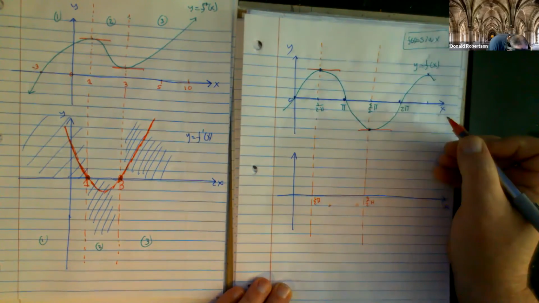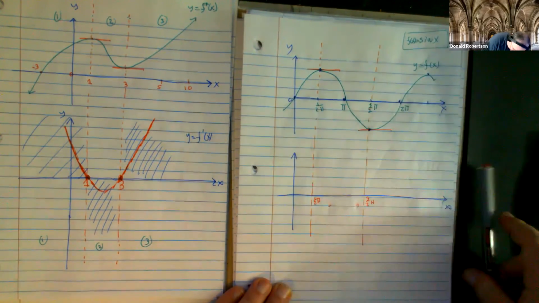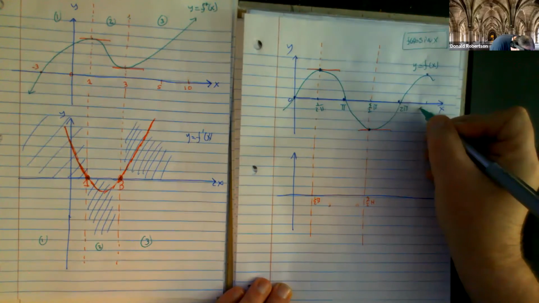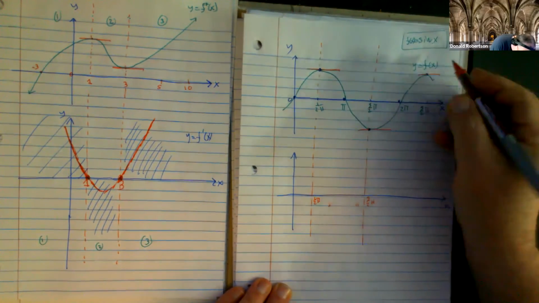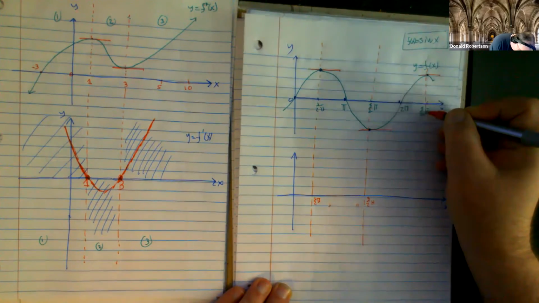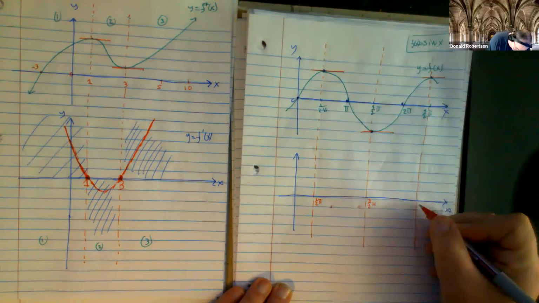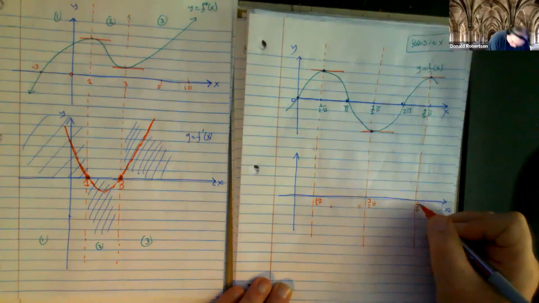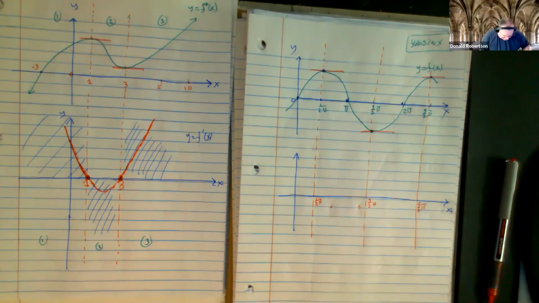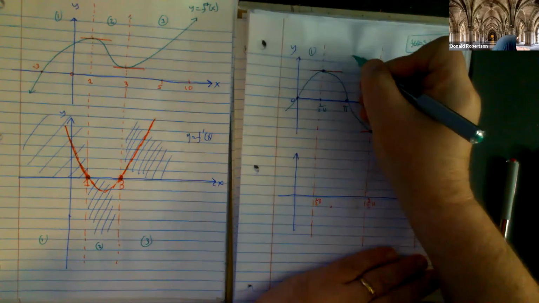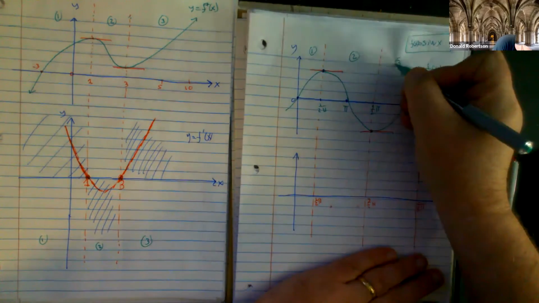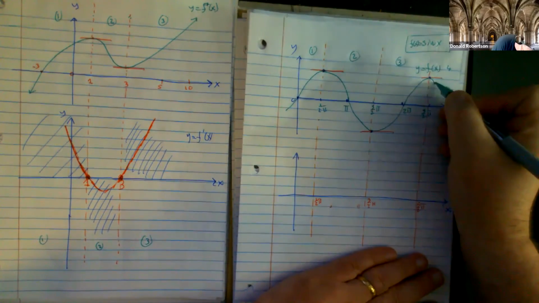And this guy here, I guess we should put his value in, is 5/2 pi. And that means that we now have 1, 2, 3, and I'll count that as a region, 4.